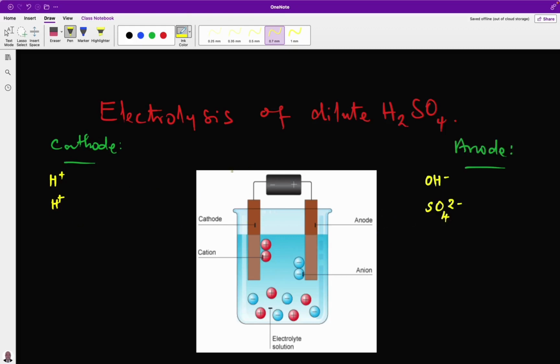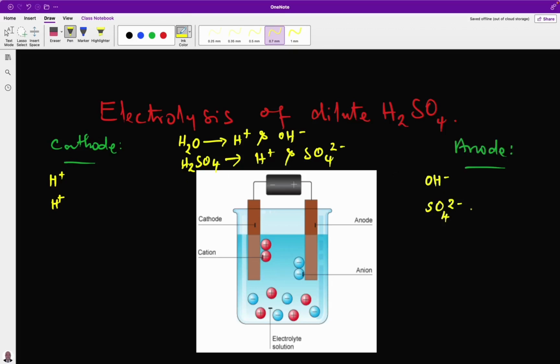Water will release this and this. Acid will release this and this. So the cations will go to the cathode and the anions will go to the anode.